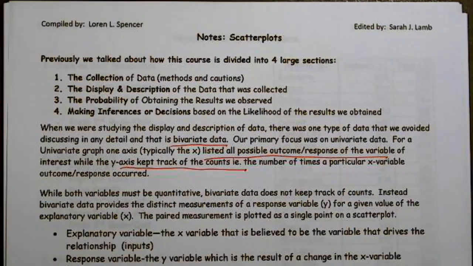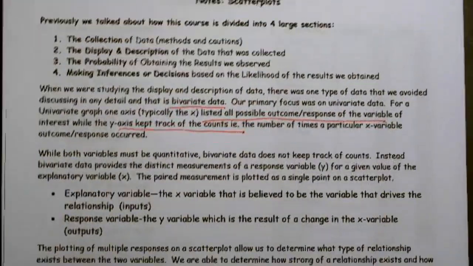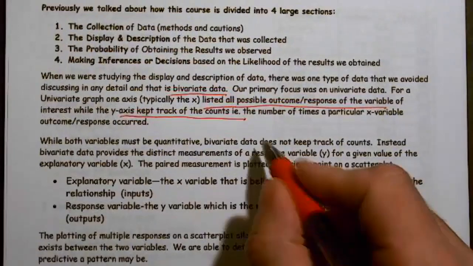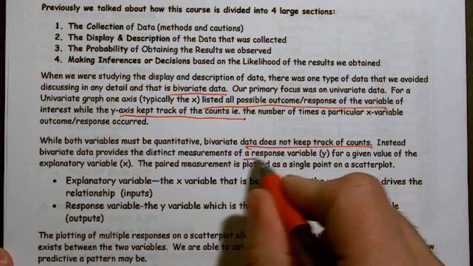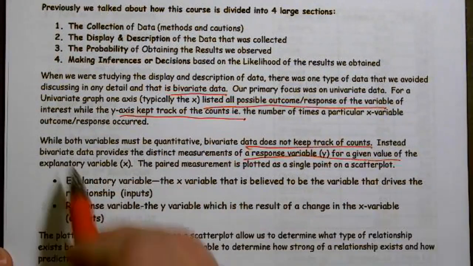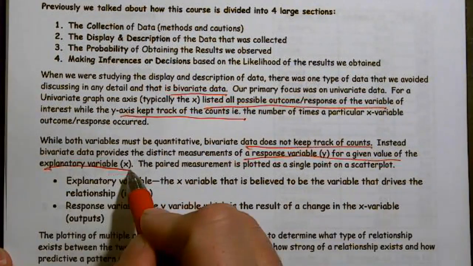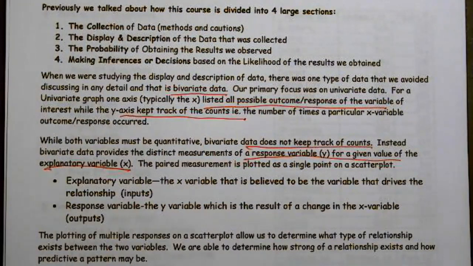What we're moving into is bivariate, and bivariate does not keep track of counts. Instead, bivariate provides the distinct measurements of a response variable Y for a given value of an explanatory variable X. Since this starts to sound like algebra, it's very much related to that.